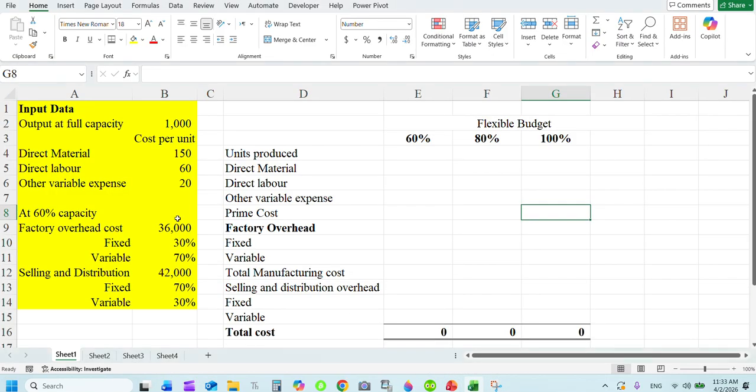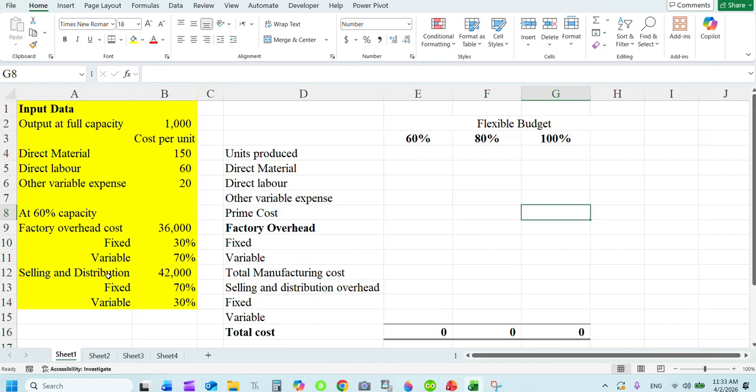So we have this input data, our full capacity level, 1,000 units, and per unit information: direct material cost per unit 150, direct labor 60, other variable expenses per unit 20 rupees, and at 60% capacity level, factory overhead cost 36,000, out of which 30% fixed, 70% variable.